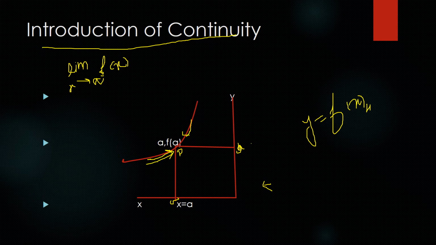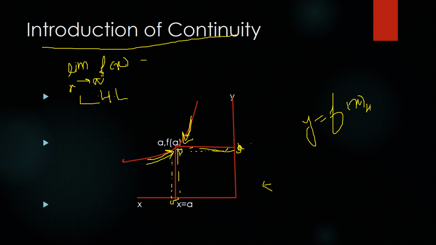Suppose from here, this yellow dotted line from point P to point B, from the left hand side it tends to point P. So this one is known as LHL, meaning left hand limit. Same as from the right hand side, if it tends to point f(a), very close to f(a), then we take it as f(a).